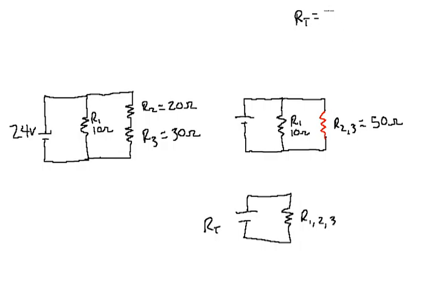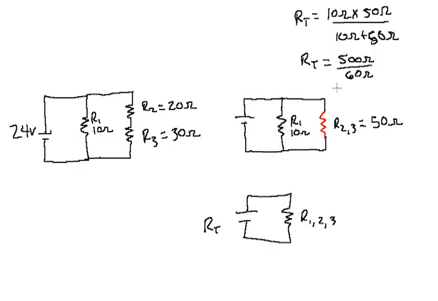So we can take 10 ohms times 50 ohms divided by 10 ohms plus 50 ohms, and RT is going to equal 500 ohms divided by 60 ohms.